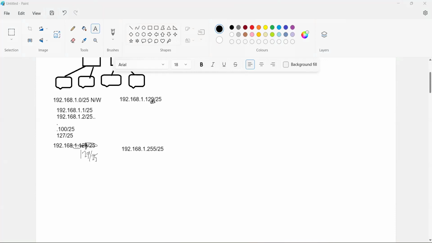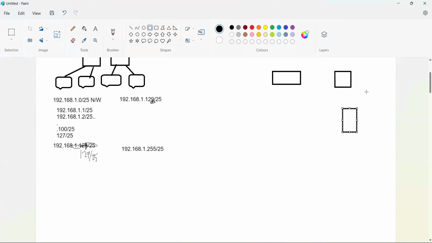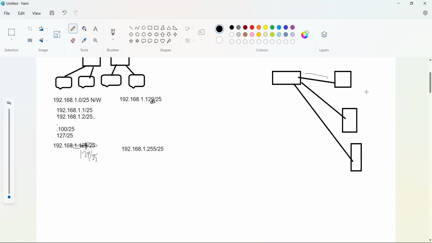See, the broadcasting concept is different. Broadcasting means whichever information is there, if you have multiple devices, the switch, when it gets information, sends that packet or frame to everyone.